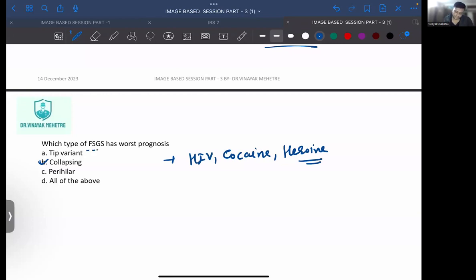Focal segmental glomerulosclerosis. So on electron microscopy, what are we going to see? It is written in the name, yes, we are going to see sclerosis.